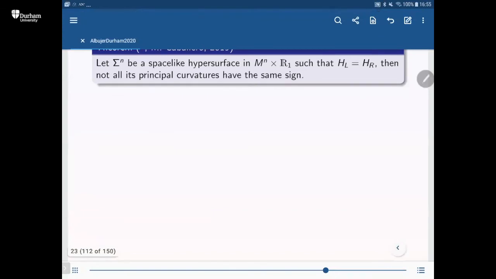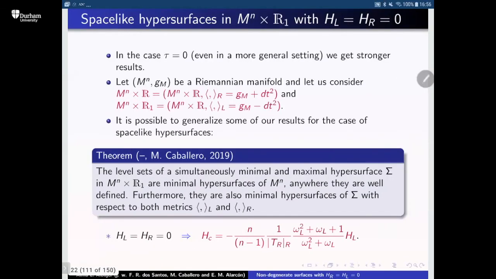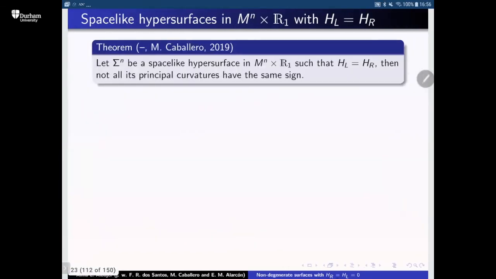Okay, but in this result, we are asking both mean curvature functions to vanish, and in the same way as in the homogeneous case, we could say something in the case where both mean curvatures were the same, but not exactly 0. Here we can also say something similar.